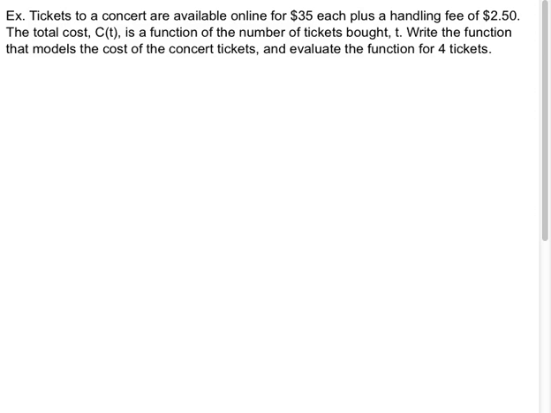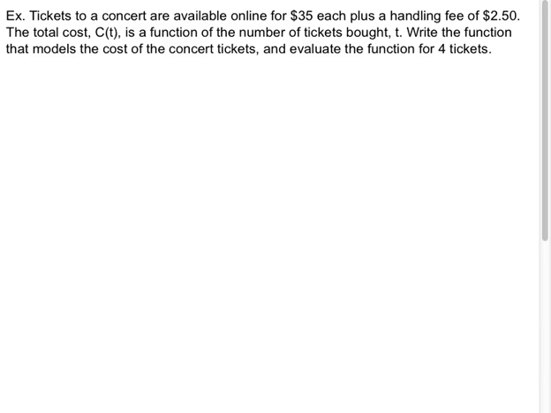So let's do one more example. Tickets to a concert are available online for $35 each, plus a handling fee of $2.50. The total cost, C of t, is a function of the number of tickets bought, t. Write a function that models the cost of the concert tickets and evaluate the function for 4 tickets.